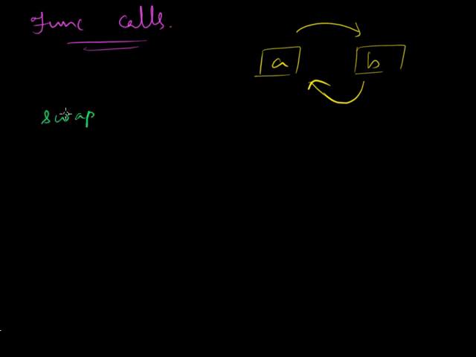S-W-A-P. Now we have to pass the values of a and b so as to swap them. So let us pass values of a and b as arguments. A and b are arguments. Now here we are passing values.